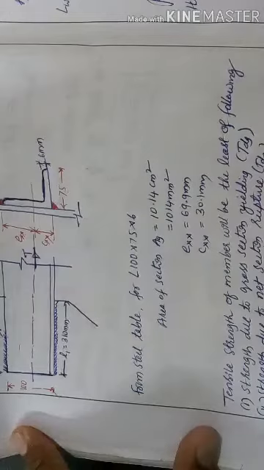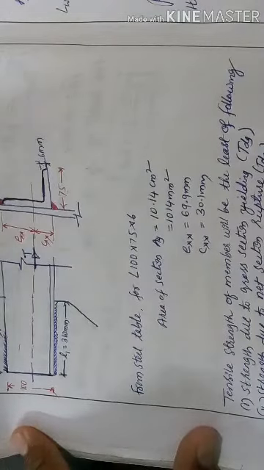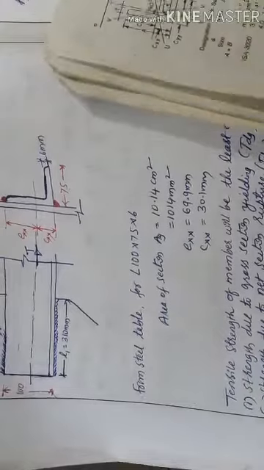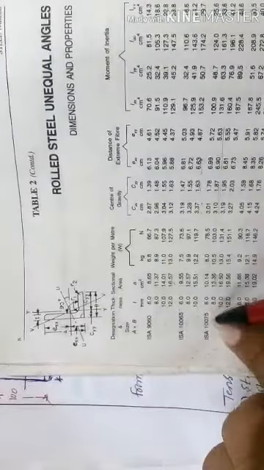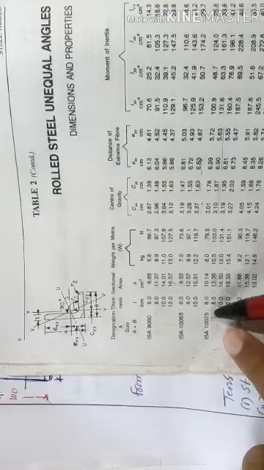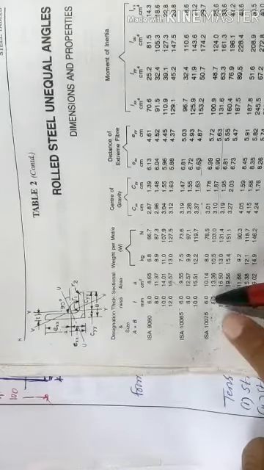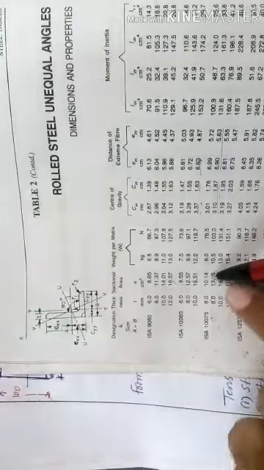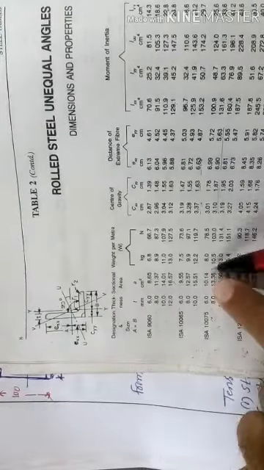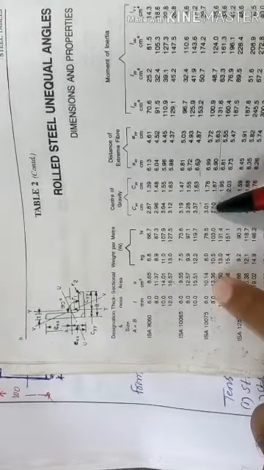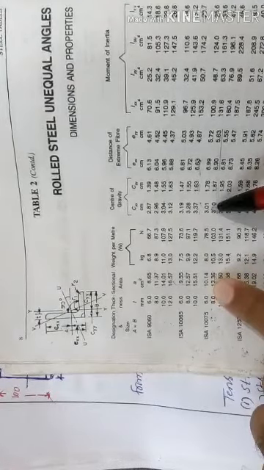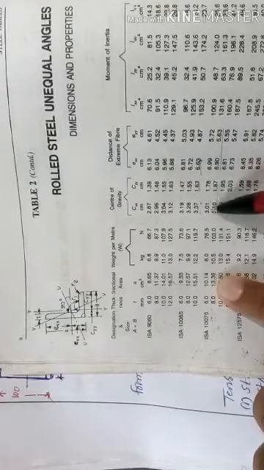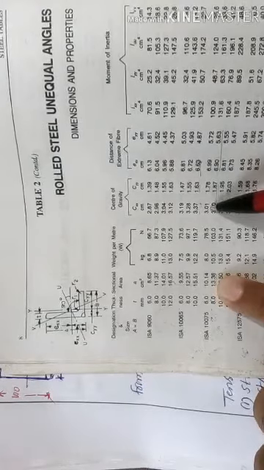That is an unequal angle, let me show you. You can see in the steel table, 100 by 75 by 6 mm, and the sectional area. Just take the sectional area as well as CXX and EXX. CXX is 30.1 and EXX is 69.9. Note these two down also. These two represent the centroid of the section.